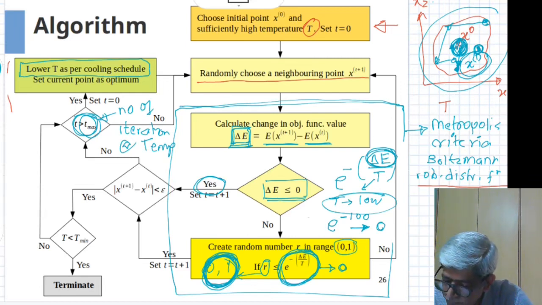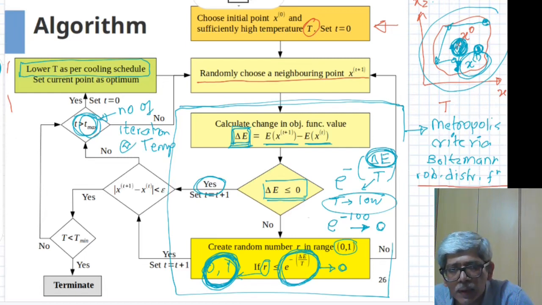In this way, this algorithm ensures that at the initial state, you will be searching a wider part of your search domain. Because you are searching a lot of scattered points, you are likely to find the global minima which may be hidden somewhere in your entire search space.